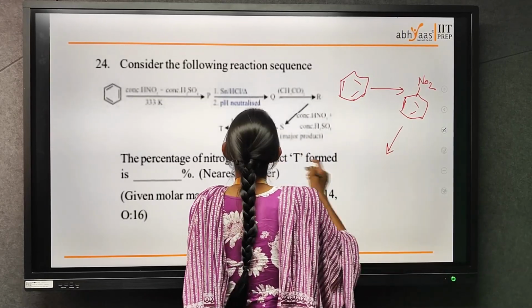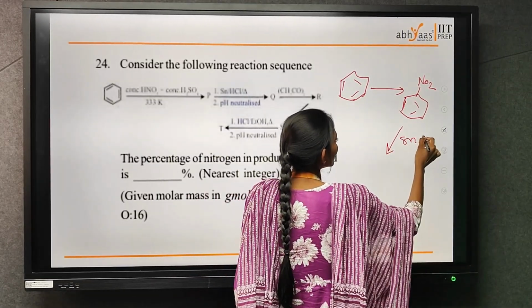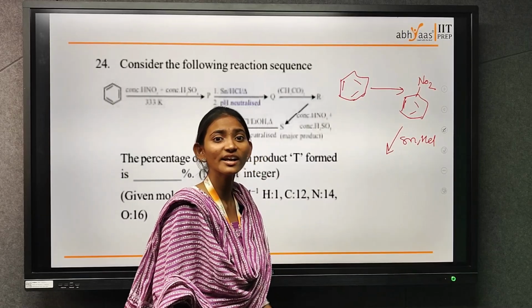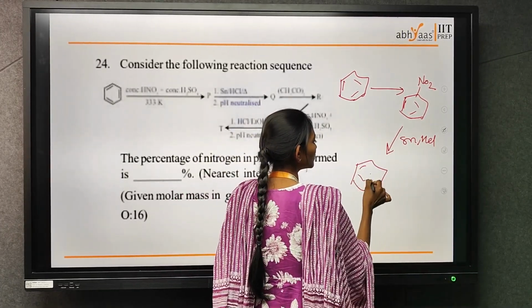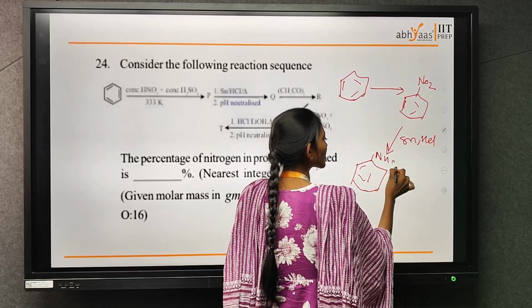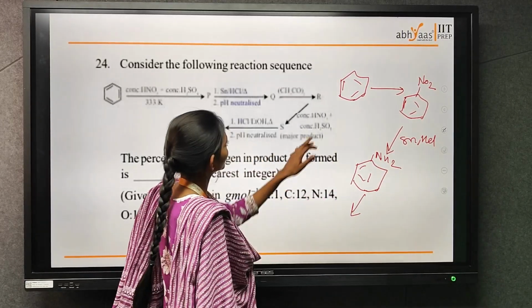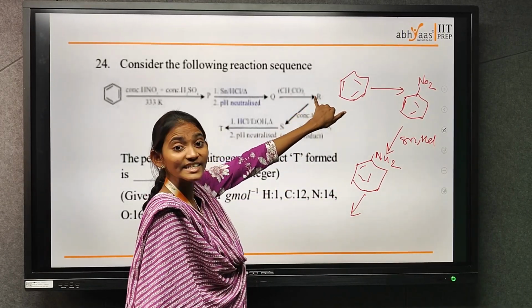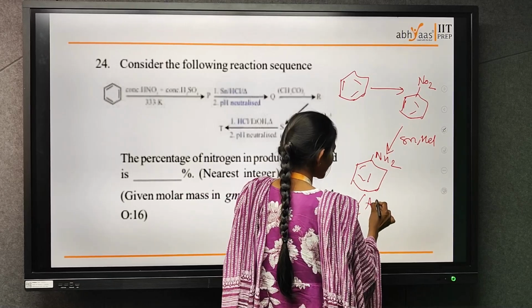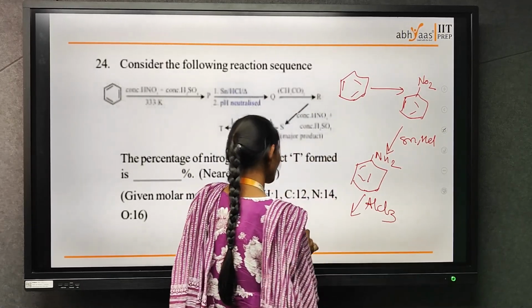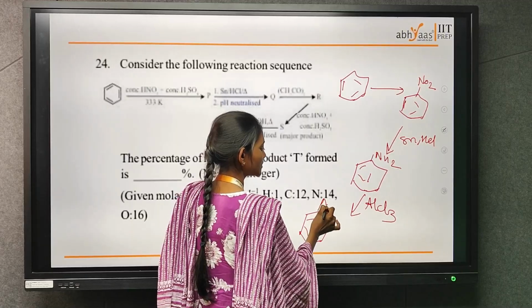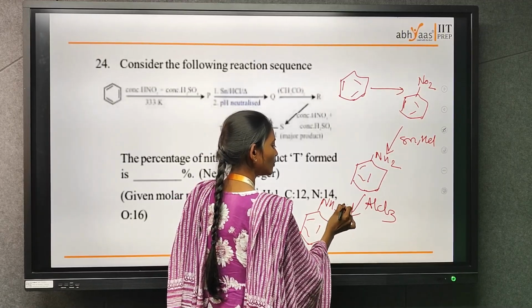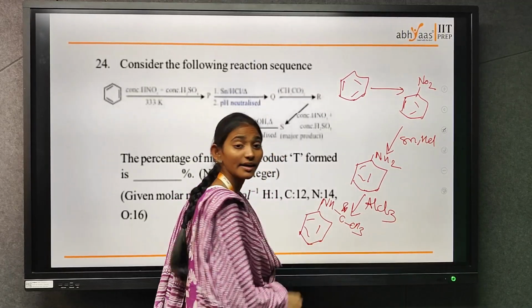And upon Sn/HCl, we are getting our amine molecule, right? NO2 to NH2, right? And upon acetylation with CH3COCl, AlCl3, we are getting here NH, C double bond O, CH3, right?